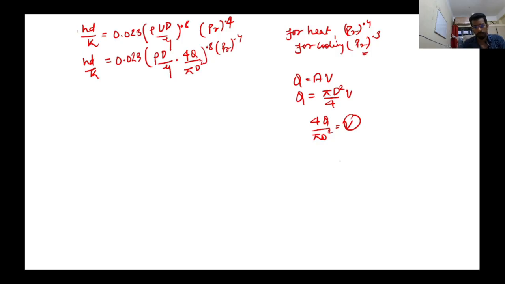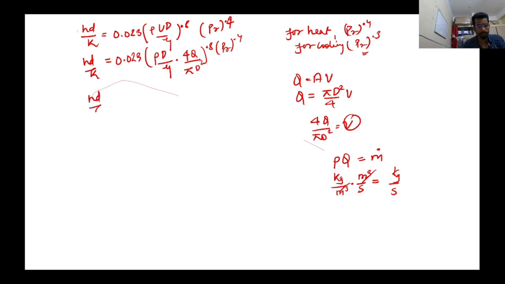Now if I multiply density, in kg per meter cube, and Q, the volumetric flow rate in meter cube per second, that will give kg per second, that is mass flow rate.